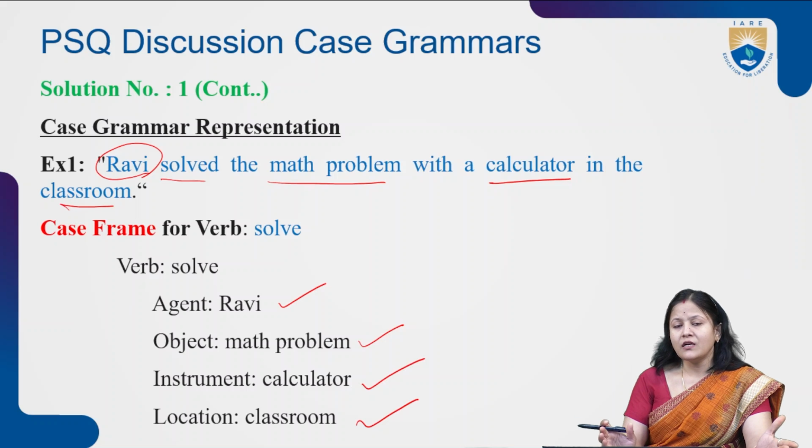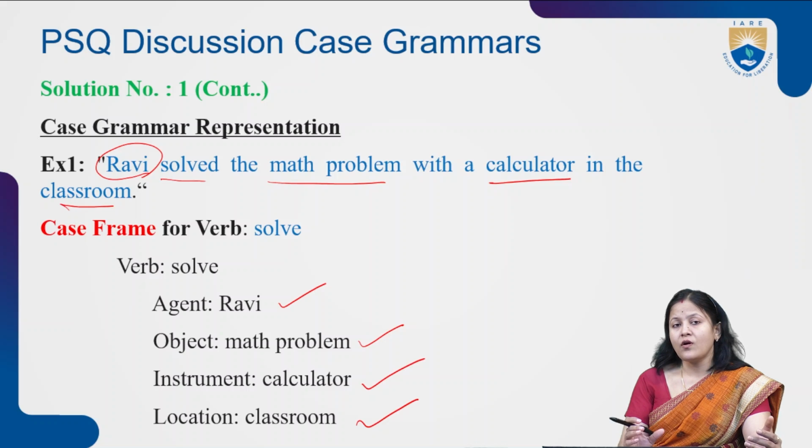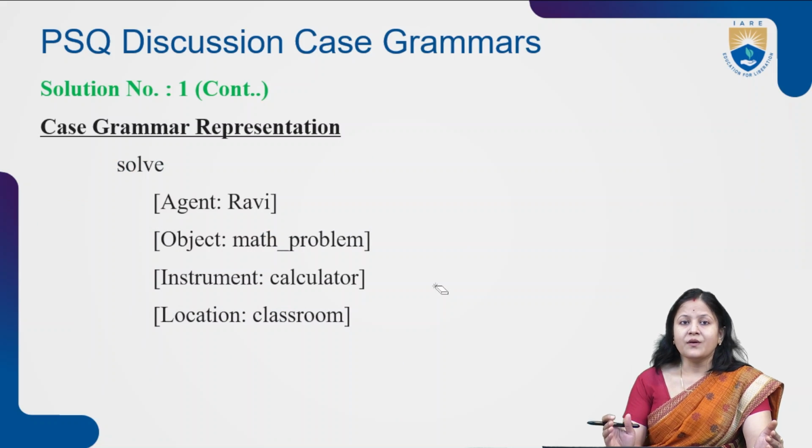And from this sentence we also understand that it is a past tense sentence, so the tense case is past tense. Like this, we can divide each and every word of the English sentence to make the system understand using case grammar.